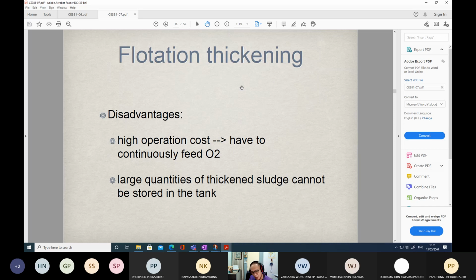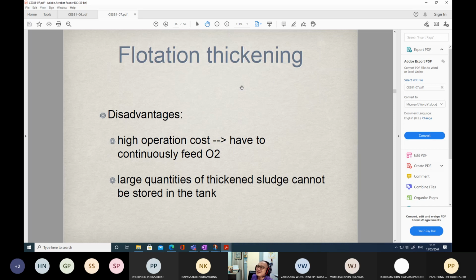For example, the electrical and energy cost we have to pay as we have to feed the oxygen. But anyway, it doesn't matter for the activated sludge process, because in the activated sludge process we need to provide oxygen to the aeration tank anyway.